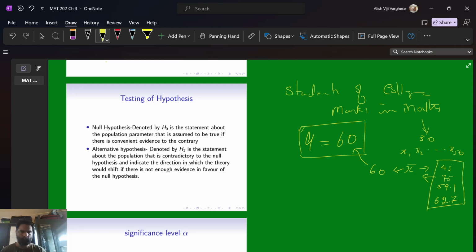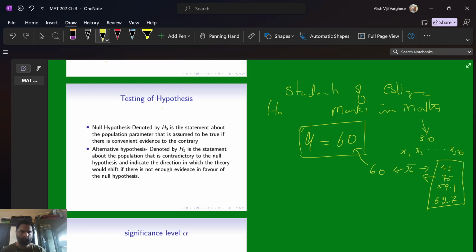So we start with the formal definitions. A hypothesis, in common language, is a statement about the population, like mu is equal to 60, or mu is less than 60, or mu is greater than 60, or mu not equal to 60, etc. Then the null hypothesis, usually denoted by H naught, is a statement about the population parameter that is assumed to be true unless there is convincing evidence to the contrary.